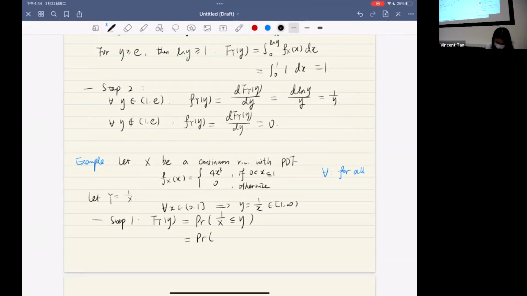So here we notice that x and y are both positive values, so we can switch them here. And then we do the integration.